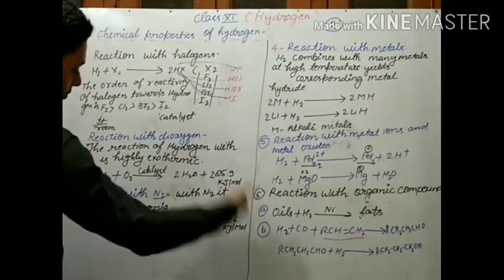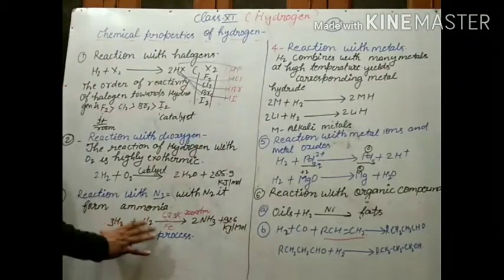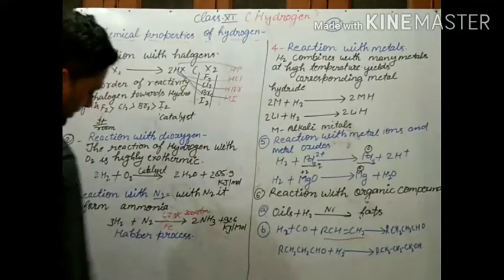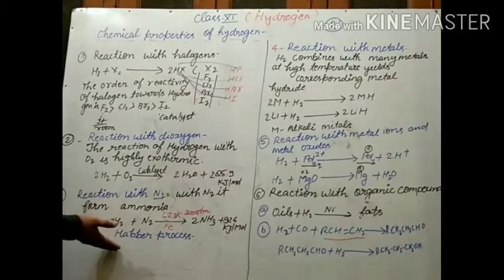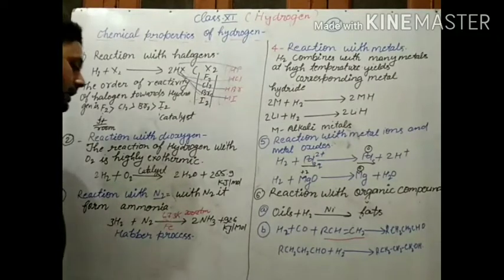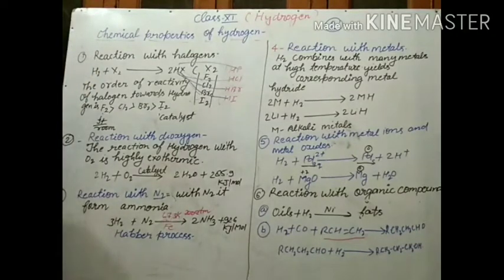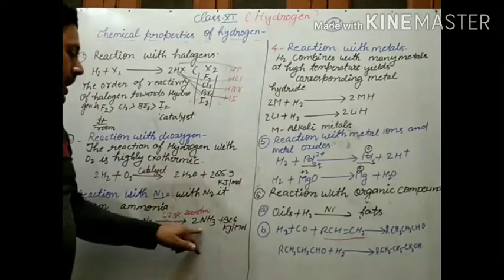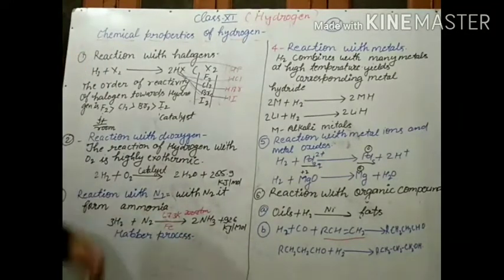This is also exothermic, and this process is called Haber process. So you have also studied this. Haber process means when nitrogen reacts with hydrogen in presence of catalyst Fe at 673 Kelvin and 200 atmospheric pressure, it forms ammonia.